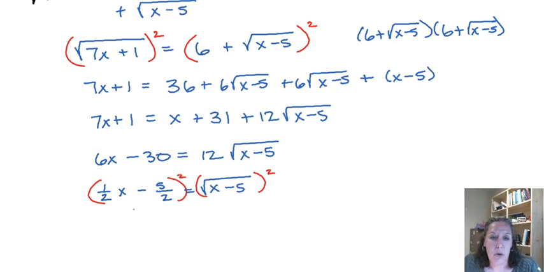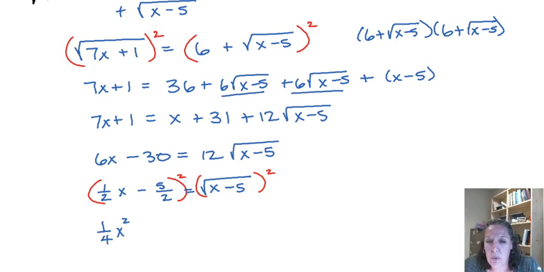When we square it, remember, multiply it by itself. So 1/2 x times 1/2 x is going to give us 1/4 x squared. 1/2 x times negative 5/2, we're going to get 2 of them just like we did on this step up here at the top of the screen.